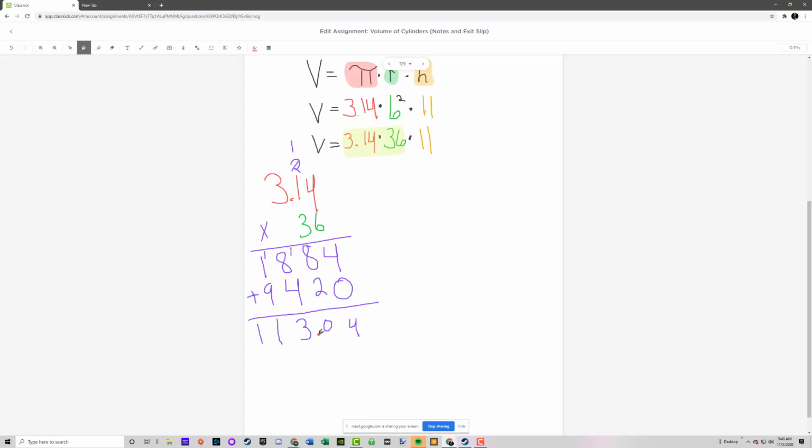How do we know that this is the correct spot for the decimal? The number behind the decimals on the top. Yes, perfect. If we take a look at the two values we just multiplied together, we've got two numbers behind decimals up here in the question, and that means that our answer needs to have two numbers behind the decimal as well.